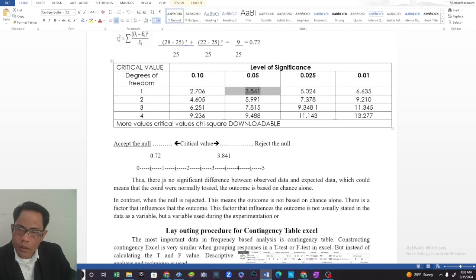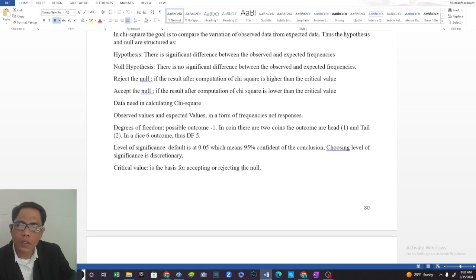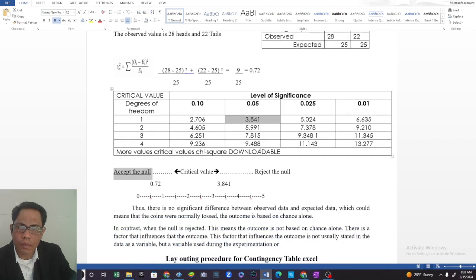Our 0.72 is right here, and our critical value is here. Since our chi-square is less than our critical value, we accept the null, which means there is no significant difference between observed and expected frequency.